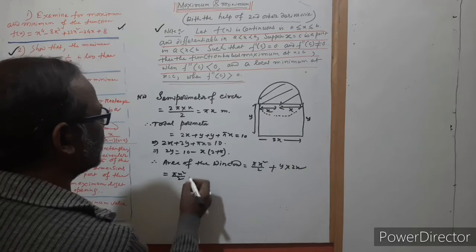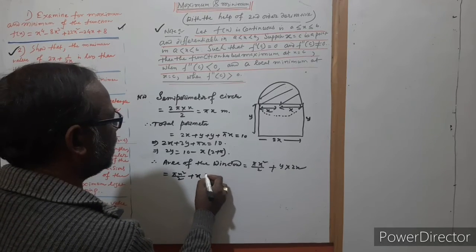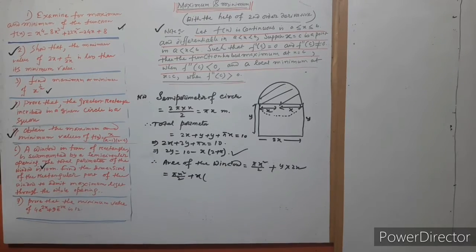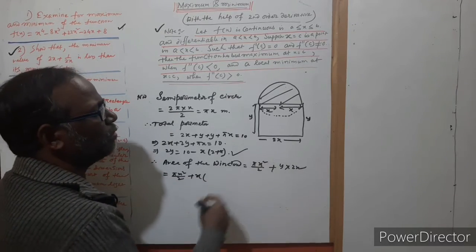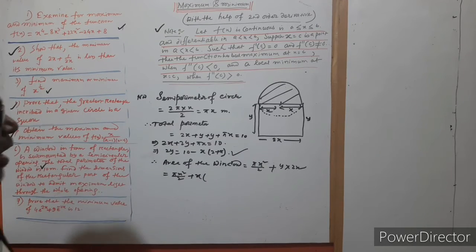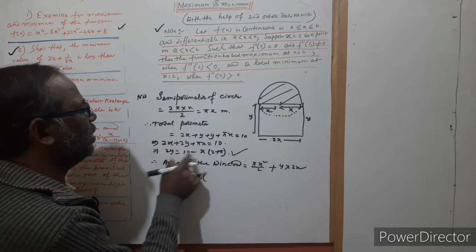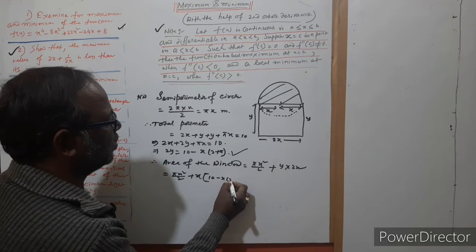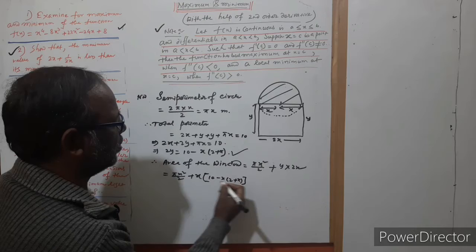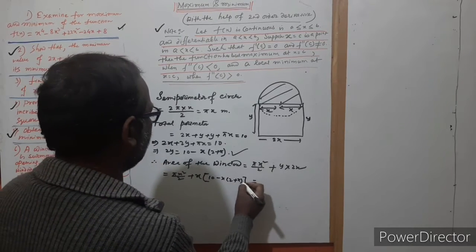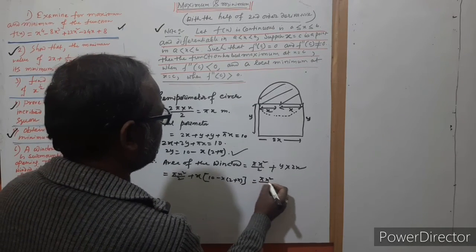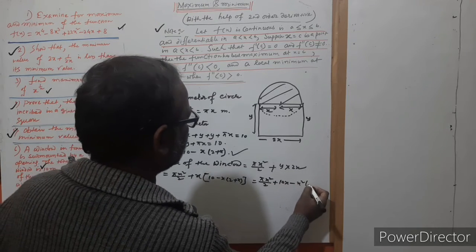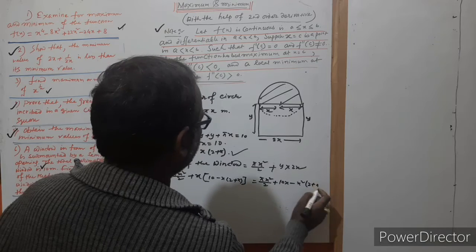Okay, and now x here and bring twice y. Actually we need a single variable, so that's why here there are two variables x and y. We transfer, in place of y put this. Okay, so this is converted to a single variable. Now multiply this pi x square by 2. Okay, and x square plus 2 plus pi, 2 plus pi. Okay.